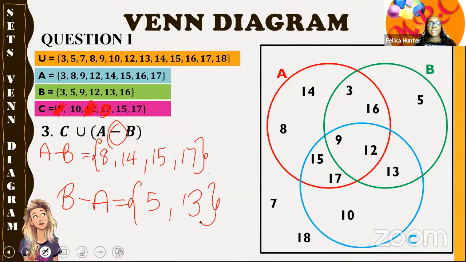Right, so 5 and 13. Well done, Simone. All right, well done, Michaela. So 5 and 13.